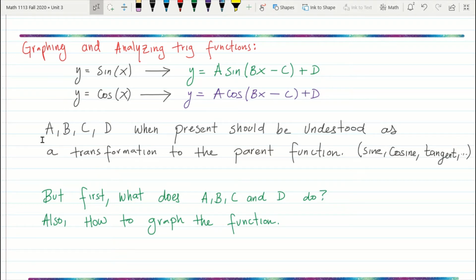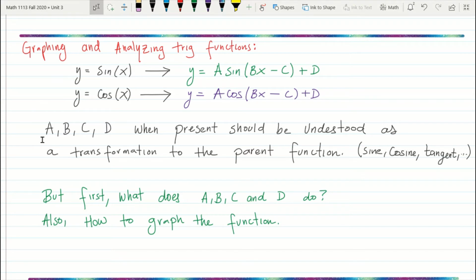And then when they're present, they should be seen or understood as some kind of transformation, right? They're having some effect on the function itself, and it's changing the way it looks compared to the parent function, right?